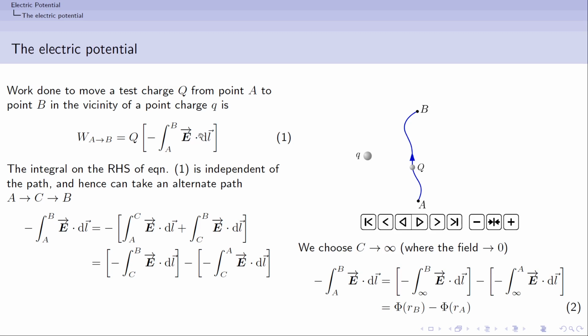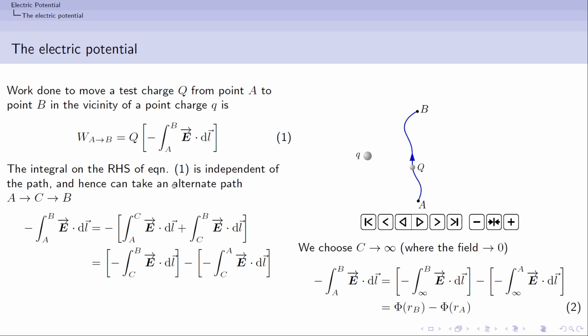So r cap dot dl is going to give us dr, which is essentially the change in the radial distance. And this E is going to give us 1 by r square, and since this is a dot product, it gives a scalar result. So we have dr by r square, and when you integrate that, you get minus 1 by r.